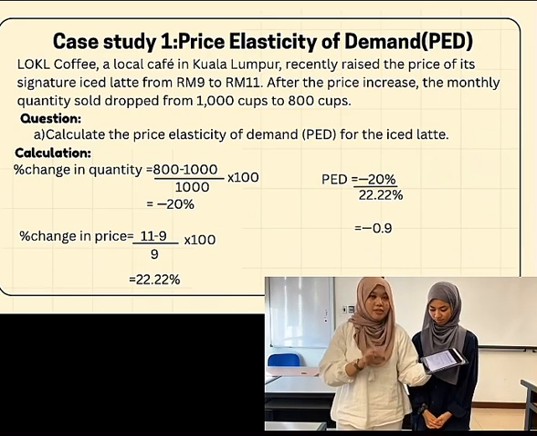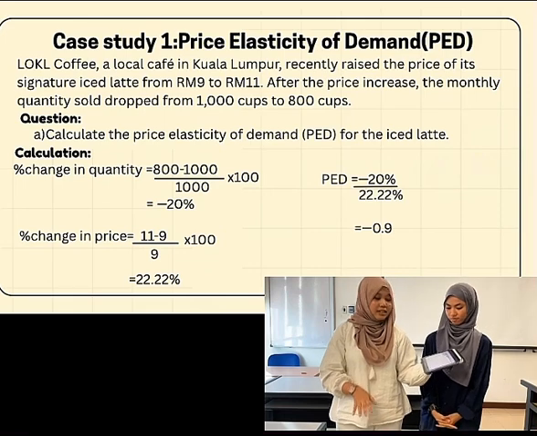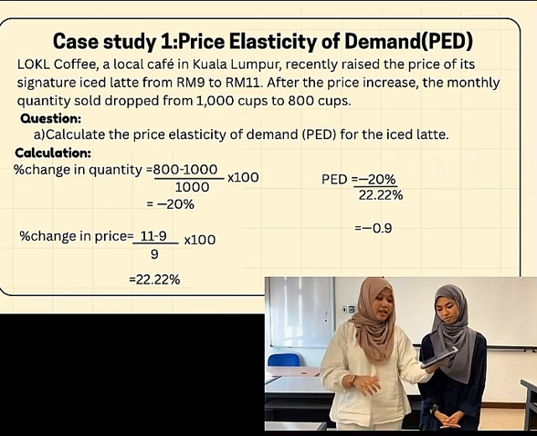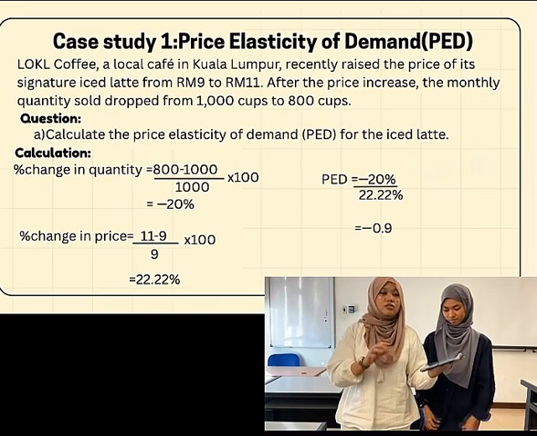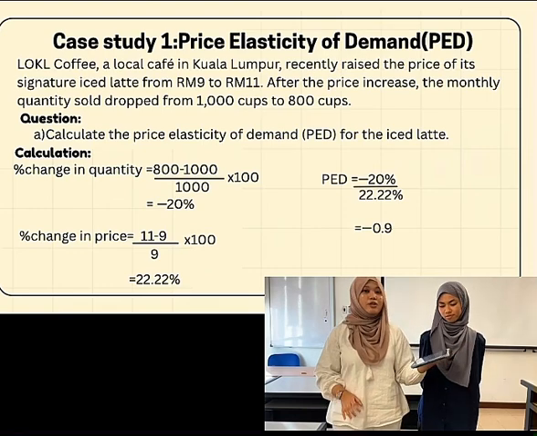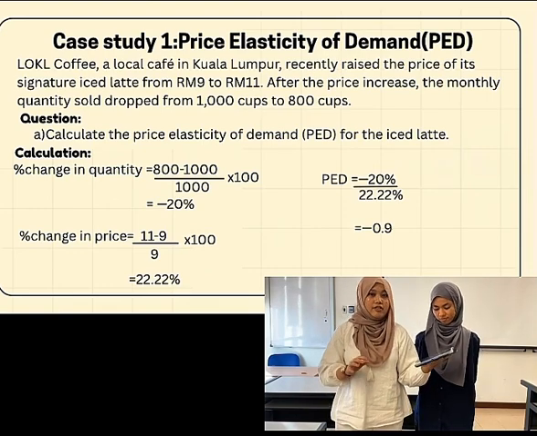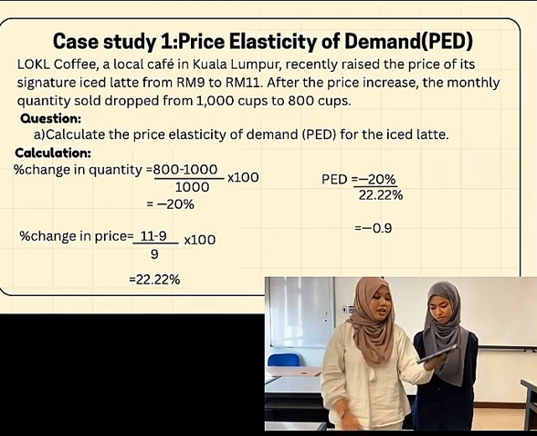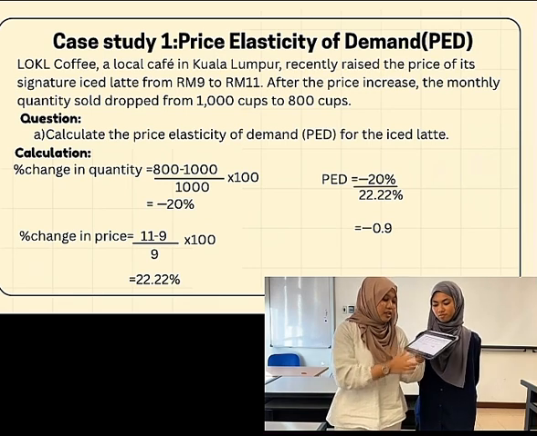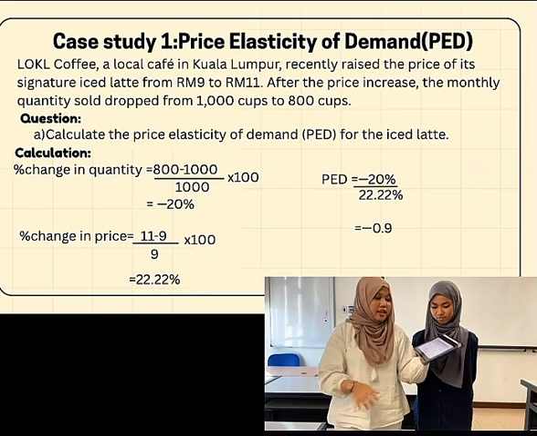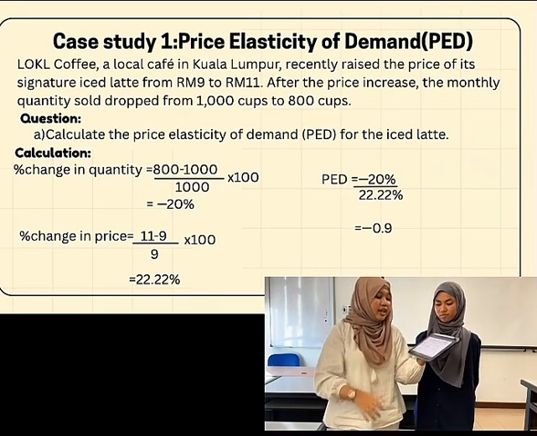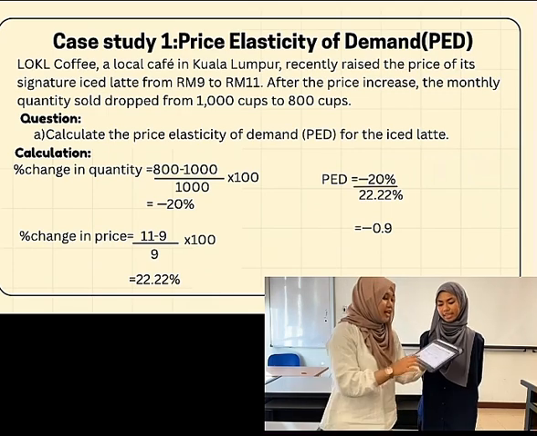Then percent change in price, which is 11 minus 9 divided by 9, times 100, so you will get 22.22%. After you got the 22.22%, you divide the negative 20% by the 22.22%, and you will get negative 0.9.